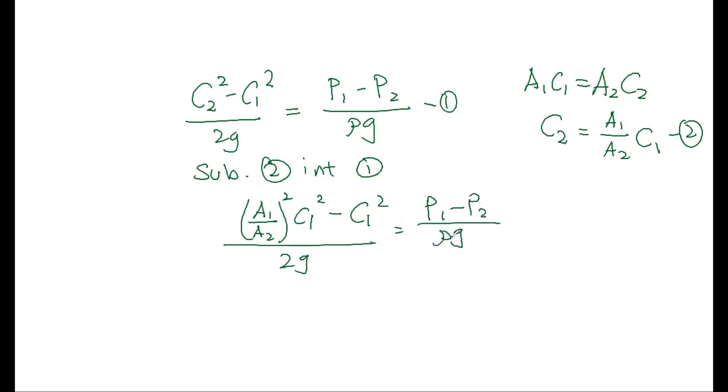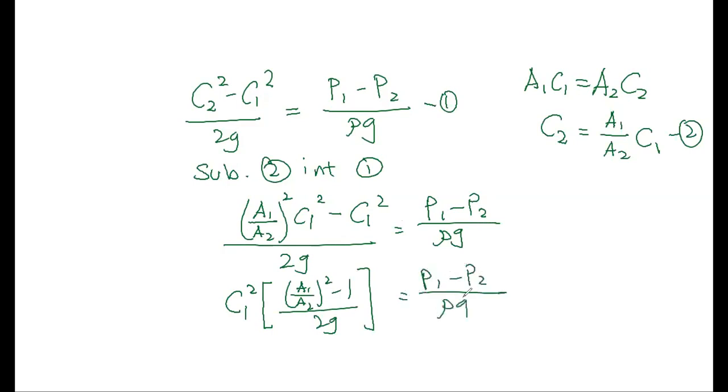So I will factorize out my C1. Inside will be A1 over A2 square minus 1, over 2G, equals P1 minus P2 over rho G. Remember what I said? I want C1 as my subject.